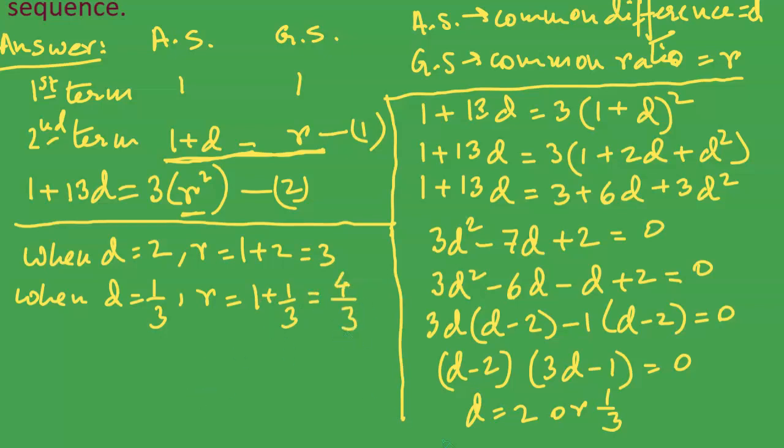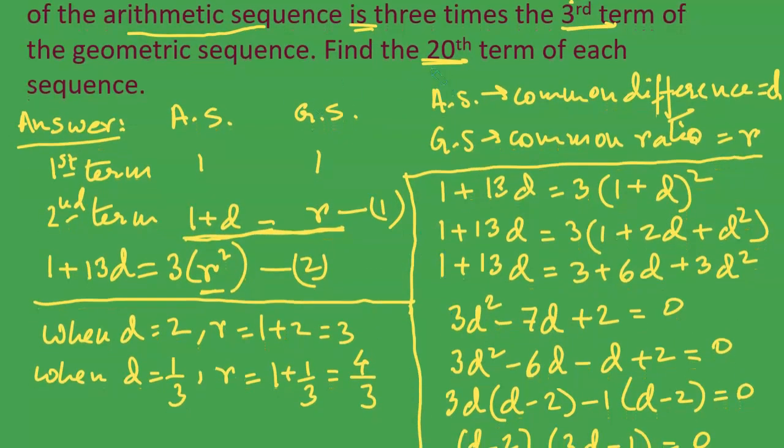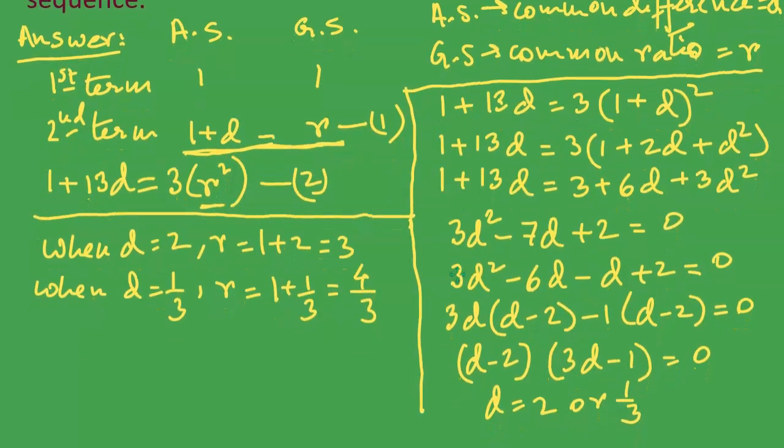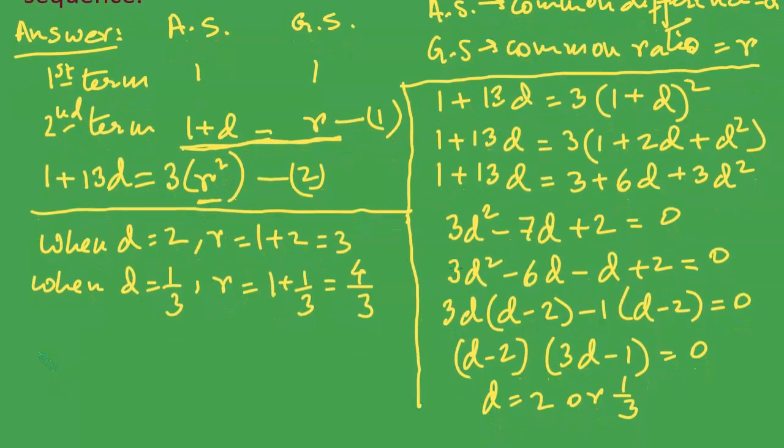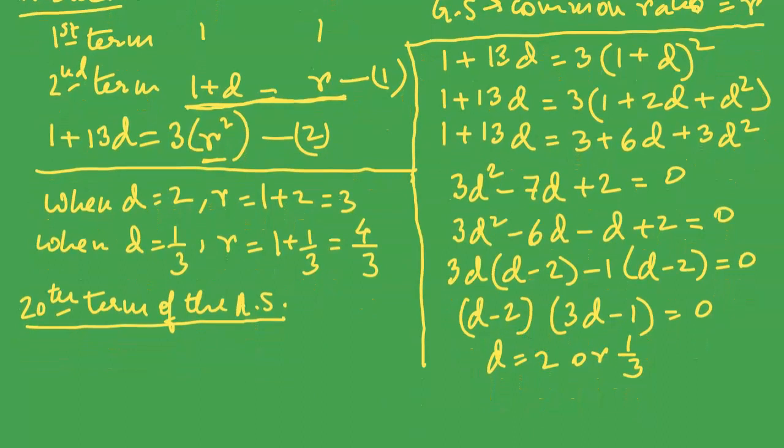Okay, now they are asking us to get the 20th term of both the sequences. And we know the first term is 1. Therefore, the 20th term of the arithmetic sequence, we will be having two cases.